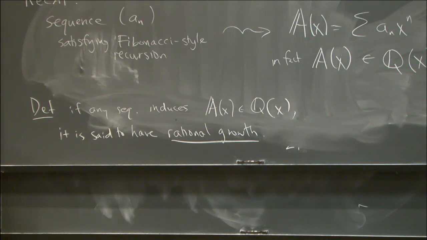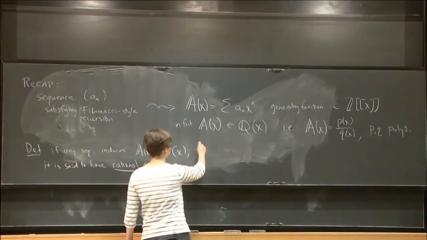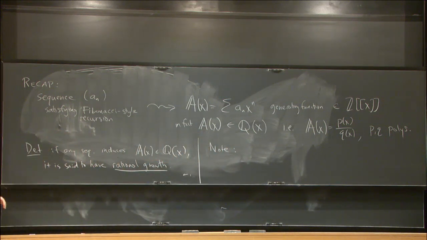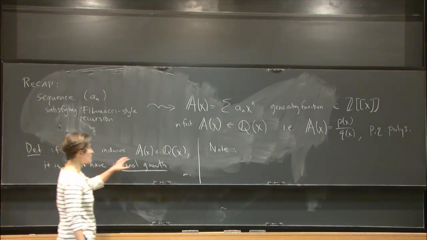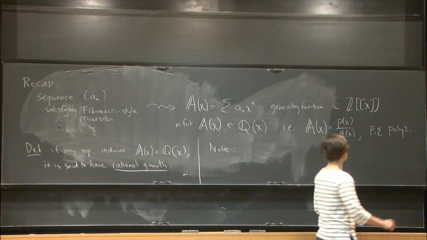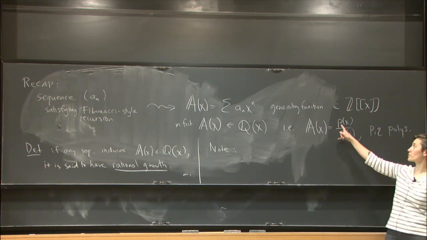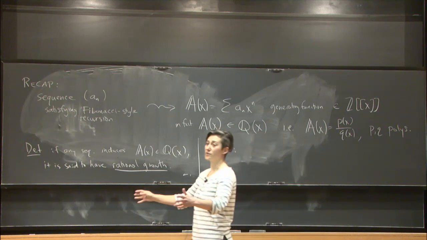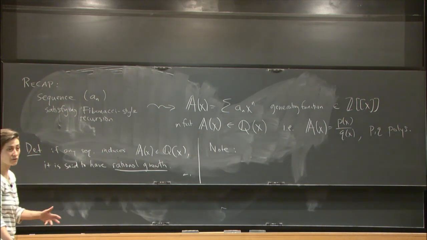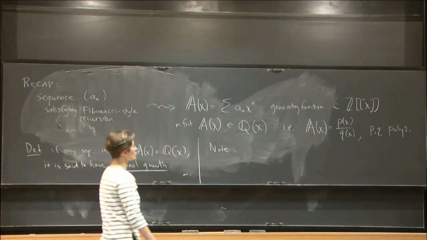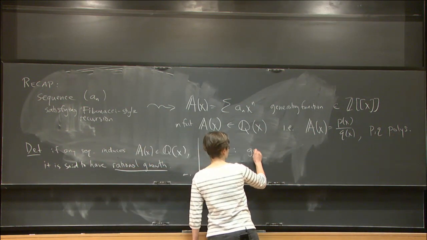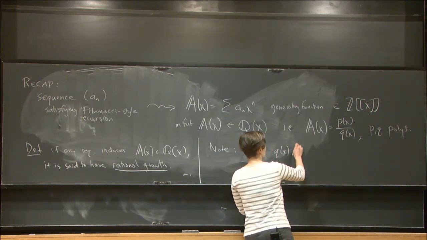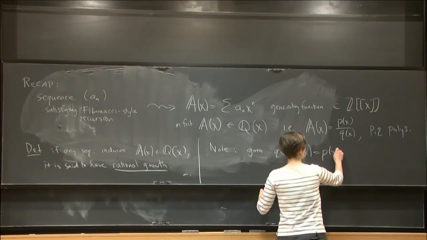Okay, so one thing to note about the rational growth class is that you can go the other way. So if you have a ratio of polynomials with rational coefficients, then by clearing common denominators, you can turn everything to integers. And once you have integers, from this expression, you can write Q(x)A(x) equals P(x).